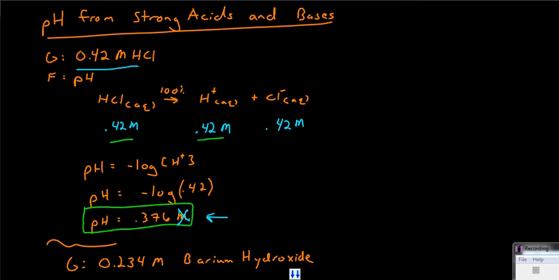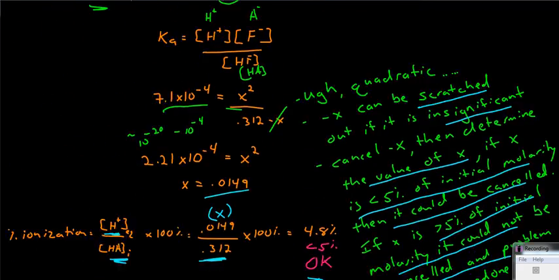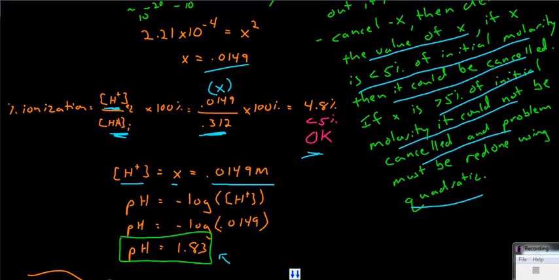But if we're using a weak acid, our pH is 1.83. So this is over a 10 times difference in the concentration of protons, because that hydrochloric acid dissociated 100% and gave a lot of protons in solution, but HF, even though we had a similar concentration of it, dissociated only about 5% and did not give as many protons in solution.